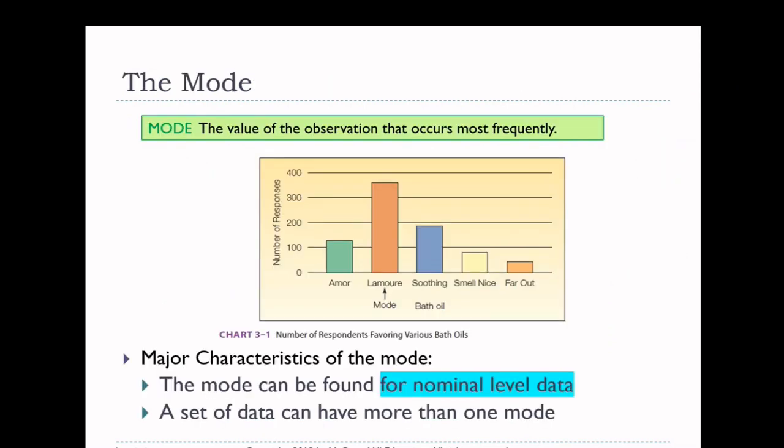Let's take the mode, and we'll take more examples to cover all 3 measures. The mode is the most frequent value, the value of the observations that occurs most frequently. In this example, the number of respondents who favored various bath oils: I have about 120 persons, then more than 350 customers for soother, smell nice, fat, bar out.